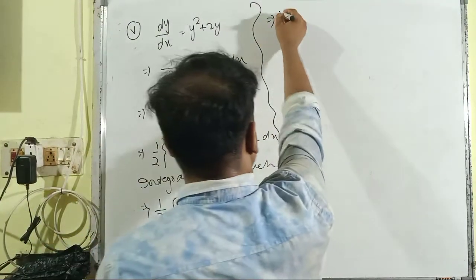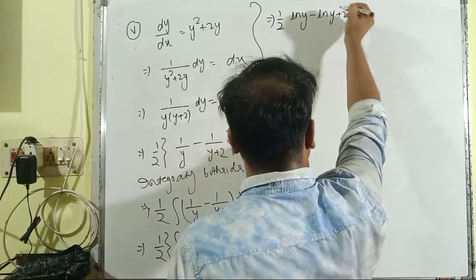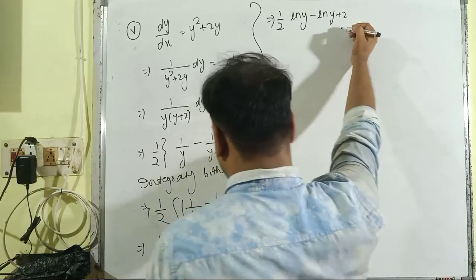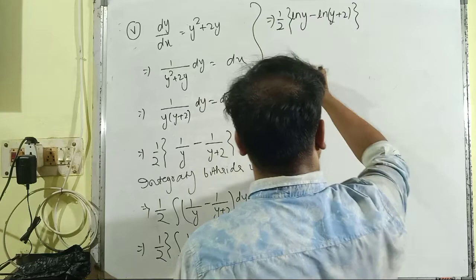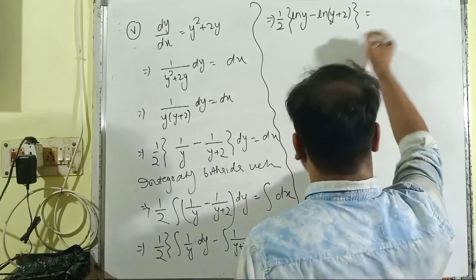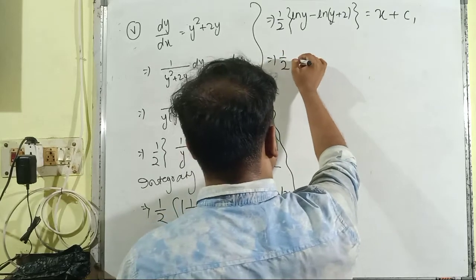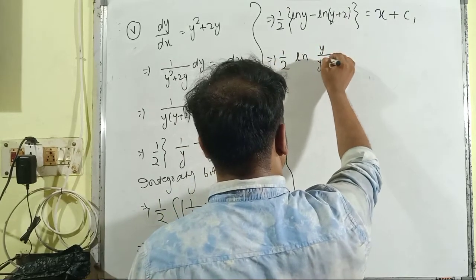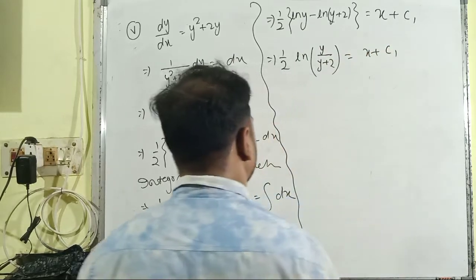So it is 1 upon 2 ln y minus ln y plus 2, then it is x plus c1.